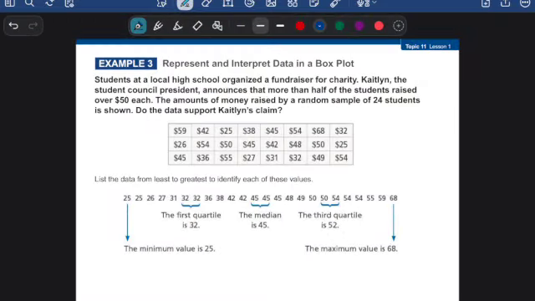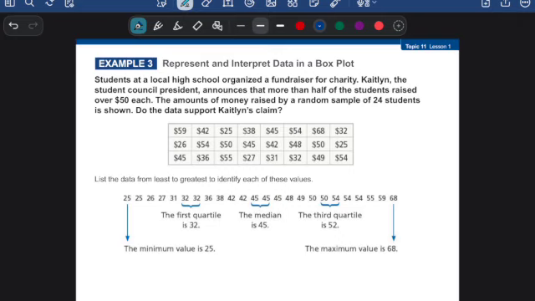So let's take our data and order our data points from least to greatest. So we start with 25, and we're going to write each individual number in order from least to greatest, including repeats. Then to find the median, since I have a total of 24 students, I'm just going to divide the total into half because the median splits the data in half. Well, what's half of 24? That is 12 students.